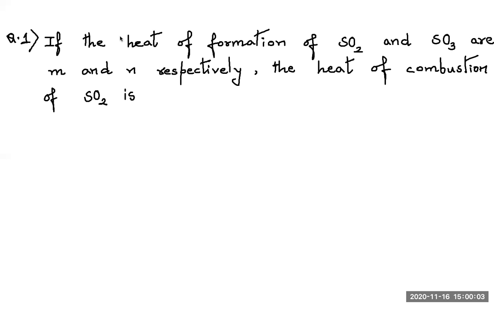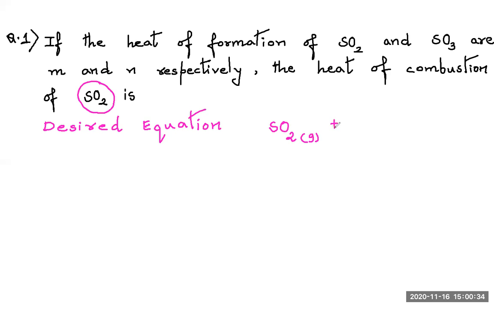So students, I have to find the heat of combustion of sulfur dioxide here. The first thing we will do is write a desired equation, that is, we will write our aim, that we want to find the heat of combustion for which equation, and the question is telling for the combustion of sulfur dioxide. So I write the desired equation where I take sulfur dioxide gas and carry out its combustion with oxygen gas.